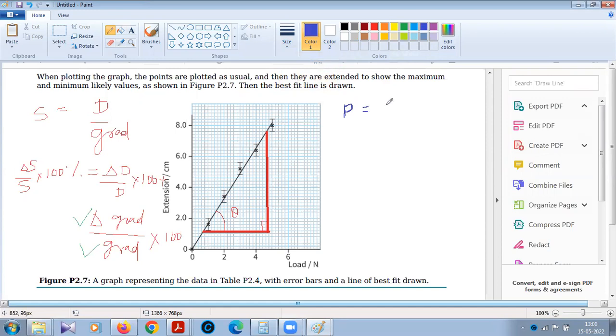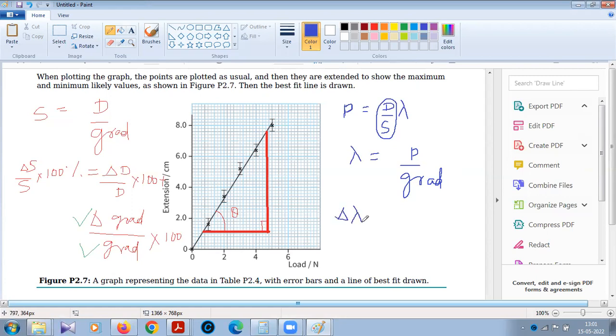D by S is our gradient, which we have found out. So lambda will be P divided by the gradient. P we can find, the gradient we already know, you just divide it and you will get the lambda. And then the uncertainty also you have to find.